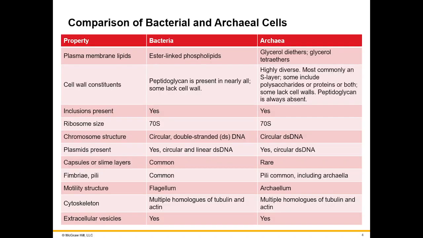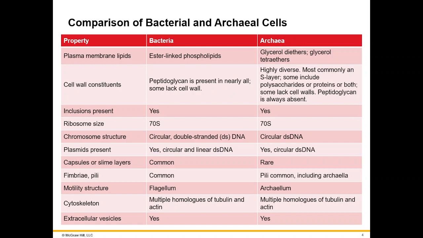So here are some comparisons between the bacterial and the archaeal cells. First is the plasma membrane lipids. For the bacteria, it's quite similar to the eukaryotic cells: we have ester-linked phospholipids. But the archaeal plasma membrane lipids are slightly different.